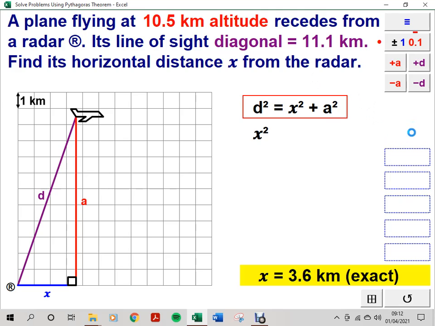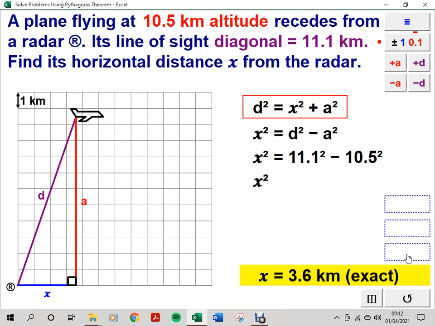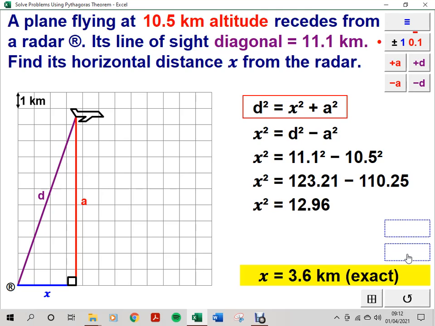Let's check this by performing the procedural calculation once again. And this checks out.